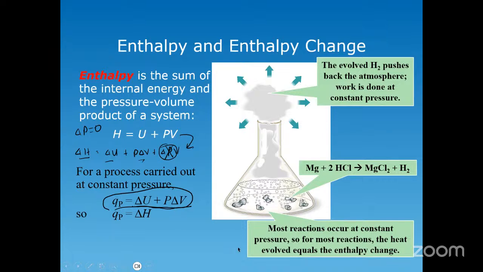As stated down here, most reactions occur under constant pressure conditions and not under constant volume conditions. So for most reactions, the enthalpy change that occurs is equal to the heat change that occurs. All right.